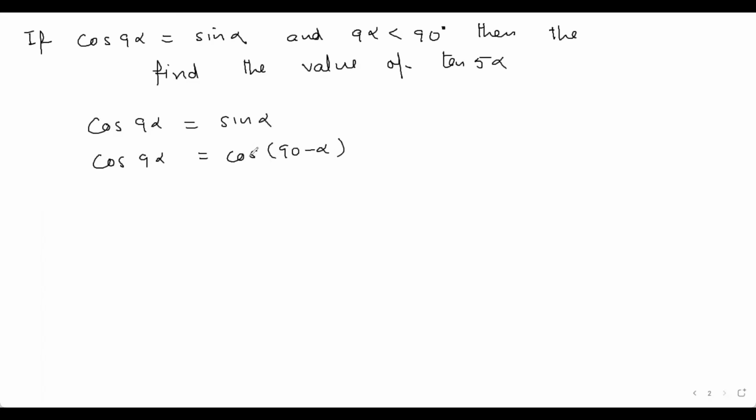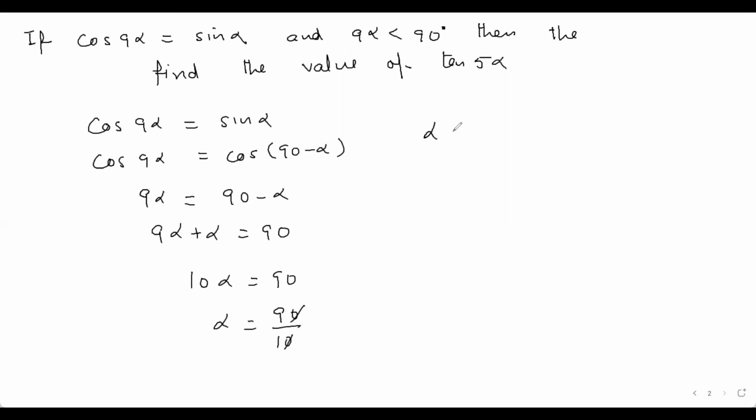Check. Cos (90 minus alpha) is sin alpha. It means 9 alpha is equal to 90 minus alpha. It means 9 alpha plus alpha is equal to 90. It means 10 alpha is equal to 90. Alpha is equal to 90 by 10. It means alpha is equal to 9.